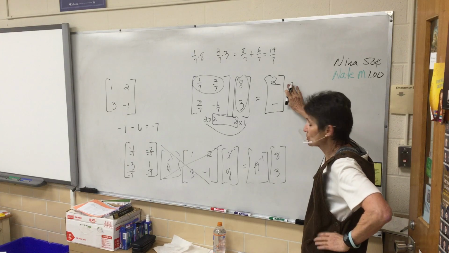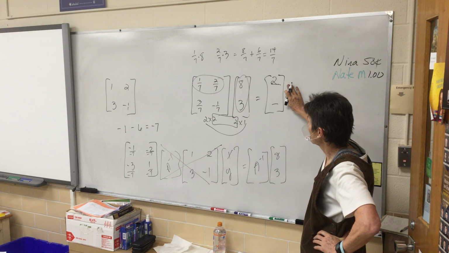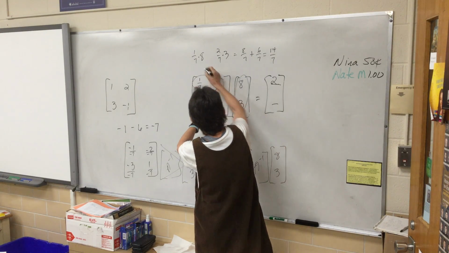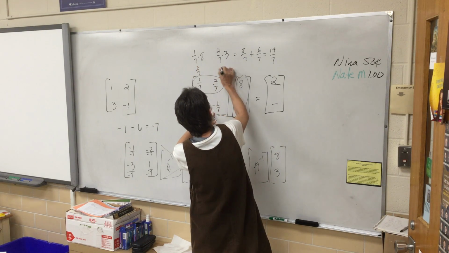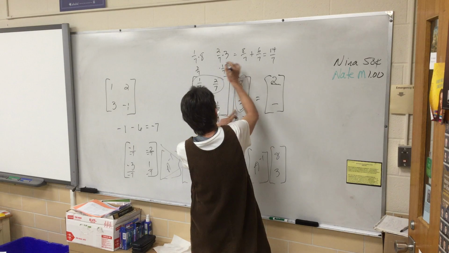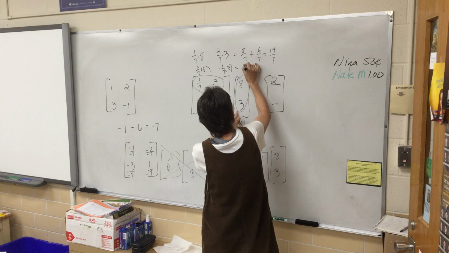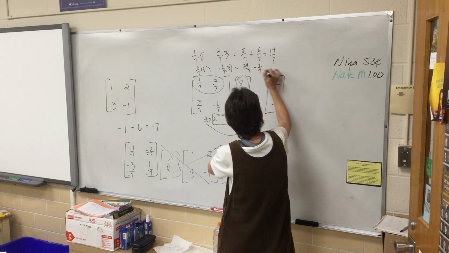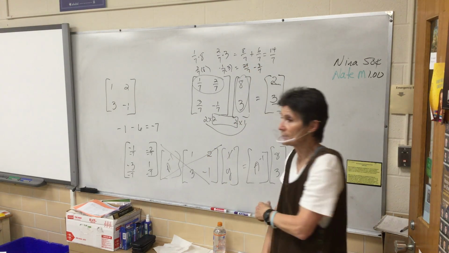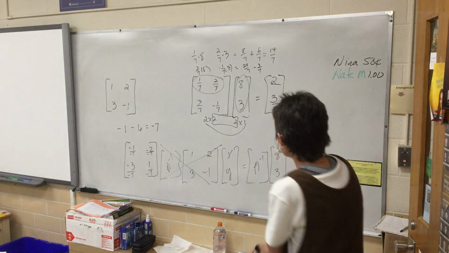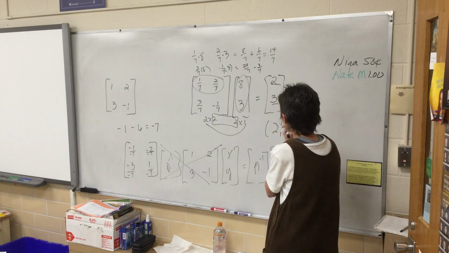So x is 2. Then I'll do the second row, first column. So 3/7 and -1/7 times 8 and 3 gives me 24/7 minus 3/7, which is 21/7 or 3. So the answer to the system is 2, 3.